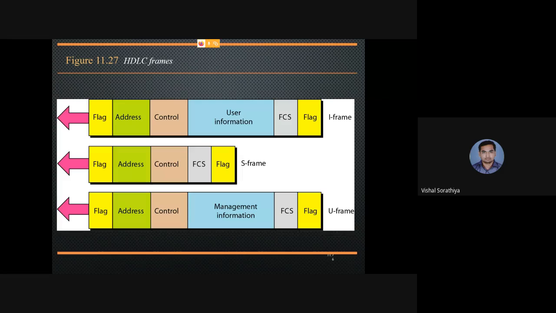Whether this checksum is similar to the checksum transmitted by the sender, if yes, then the correct packet is received, and if not, there is some error. So checksum identifies whether there is an error in the system or not, and to identify that error, a checksum bit is added in each and every frame, either it's I, S or U.